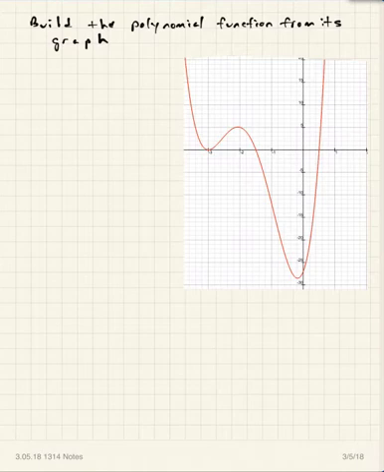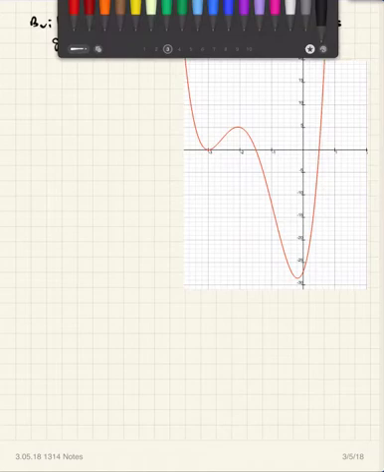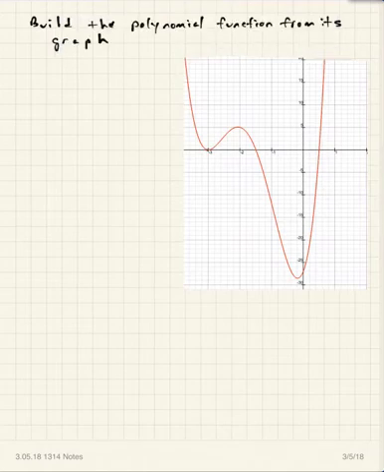So notice from the graph, a couple of things to look for here is, one, you have these x-intercepts. You have an x-intercept at -3, 0. You also have an x-intercept right here, halfway between -1 and -2. That's -3/2, 0.